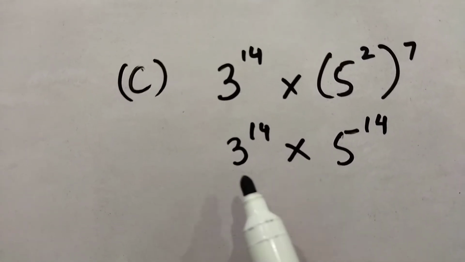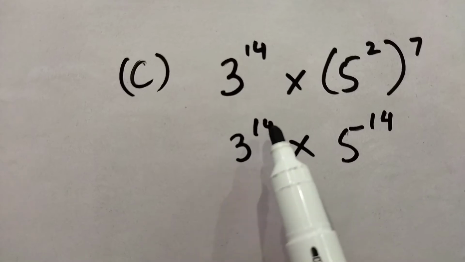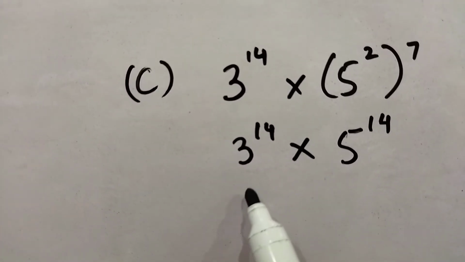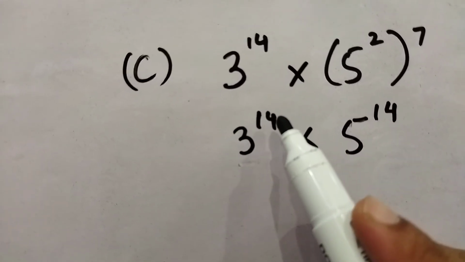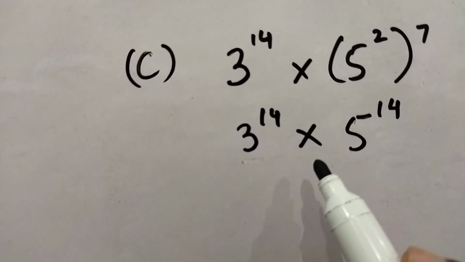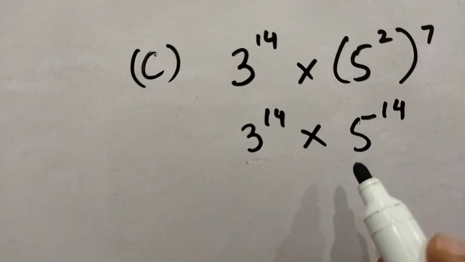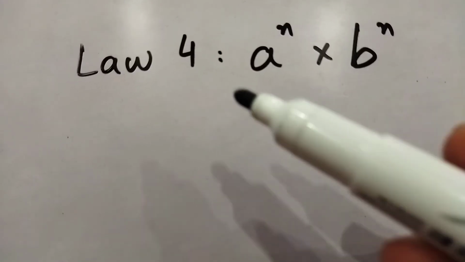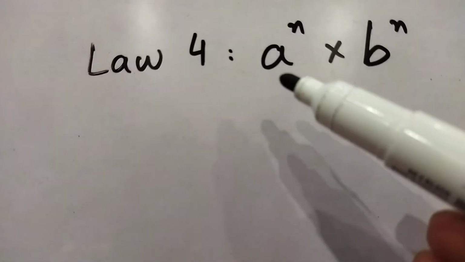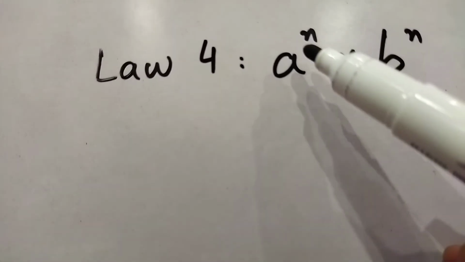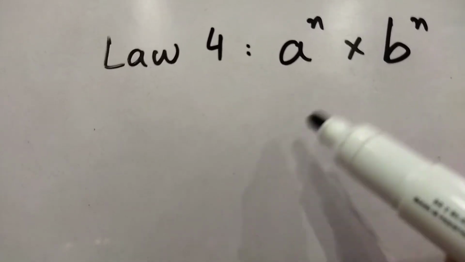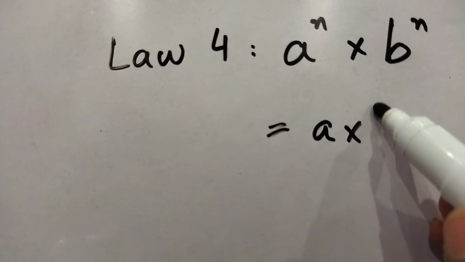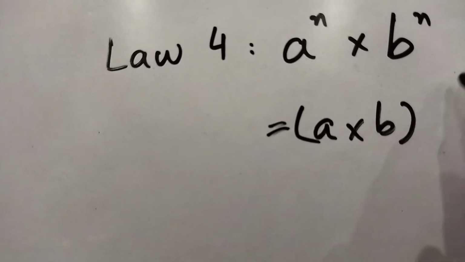Now students, we have 3 raised to power 14 into 5 raised to power 14. The bases are different, but the powers are the same. So for such questions, we need to use law number 4 of indices. So my dear students, law number 4 says when you have two different bases with the same powers, with the same indices, all you need to do is multiply the bases to each other, keeping the index as it is.